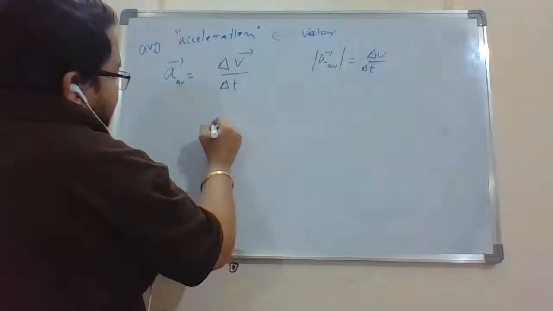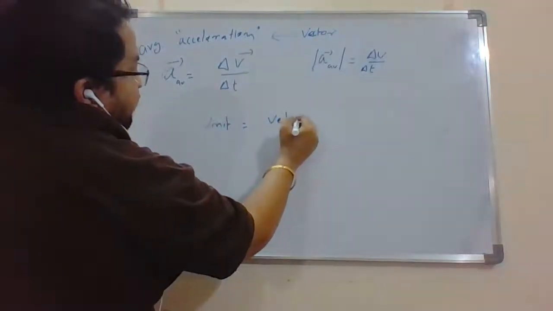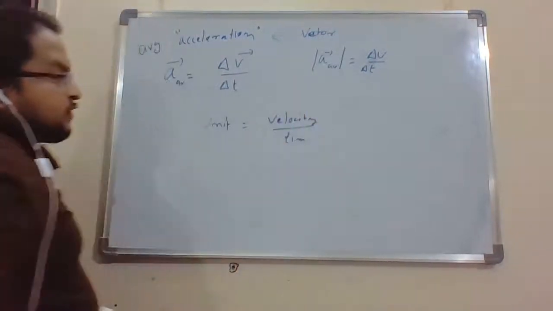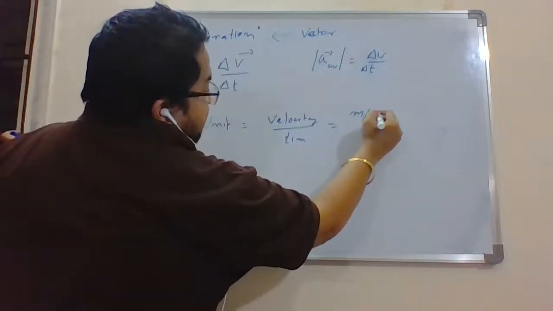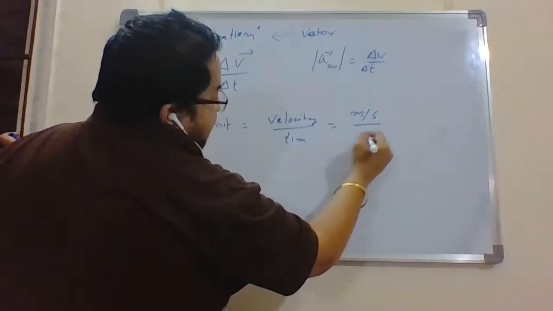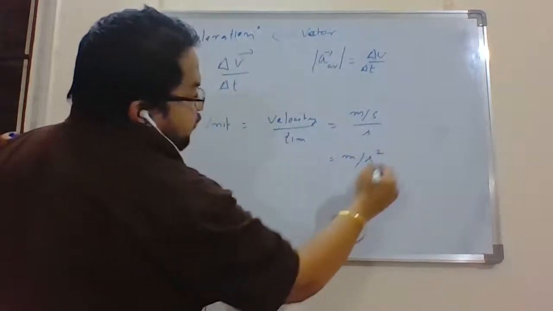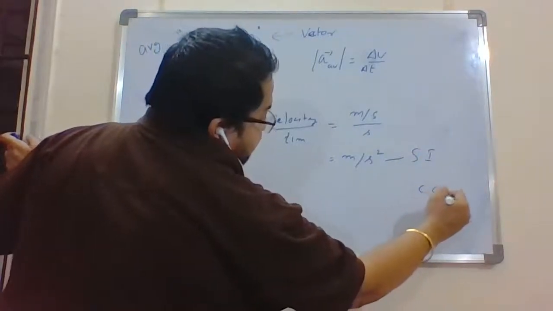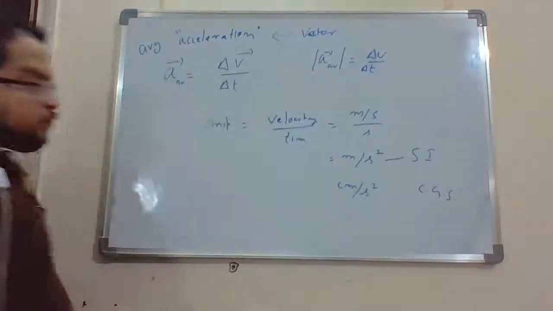So unit would be nothing but velocity by time. So what is the unit of velocity? It is in SI, meter per second by second. So it is nothing but meter per second squared. So this would be the SI unit, and the CGS unit would be obviously centimeter per second squared.